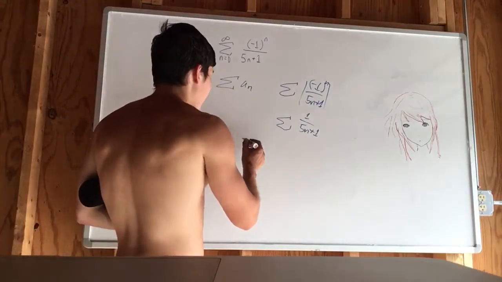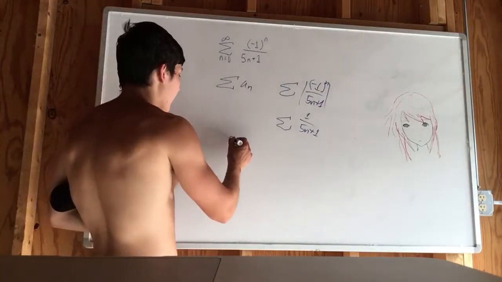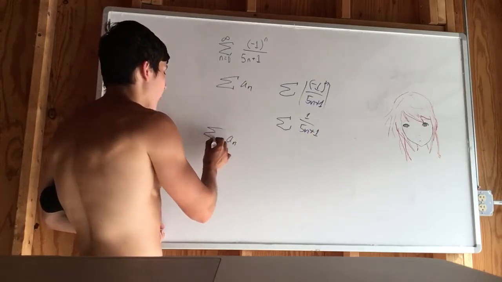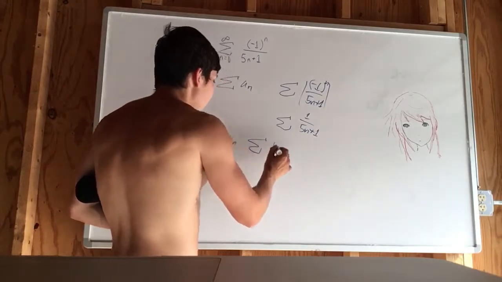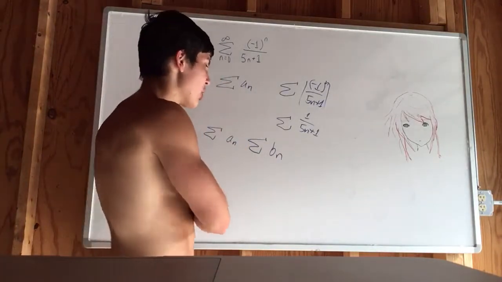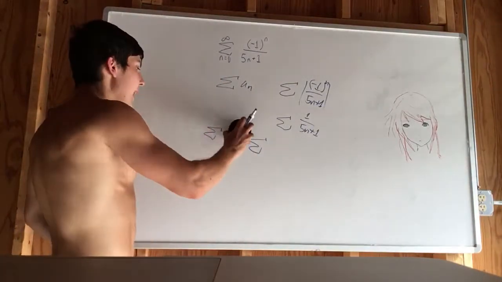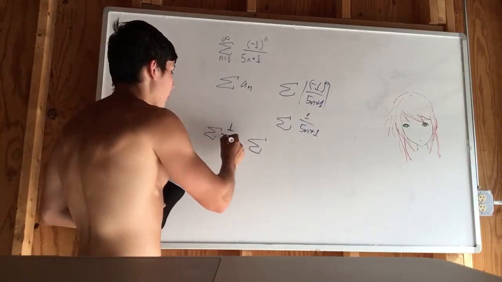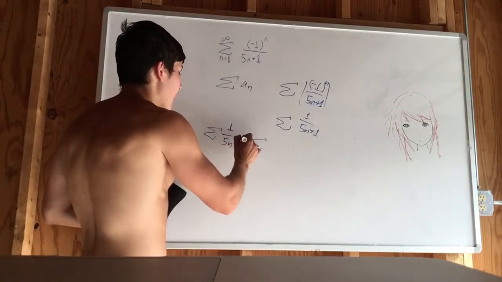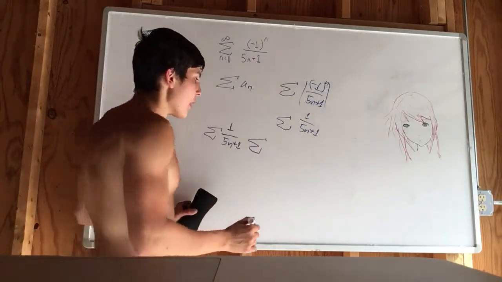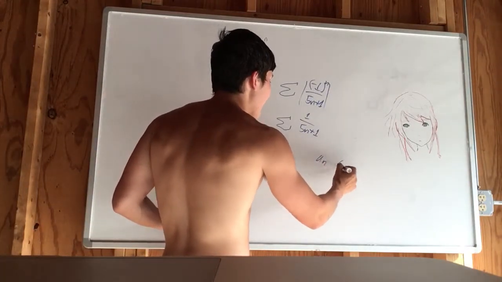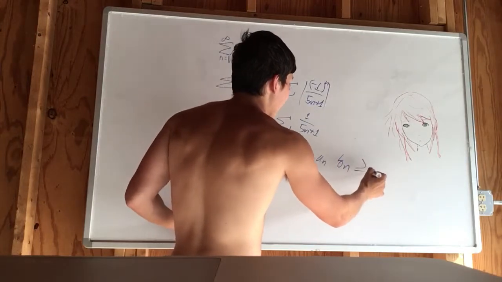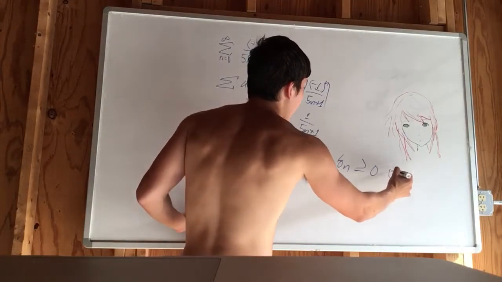With the limit comparison test, we have two series. We have one with a sub n and one with b sub n. The one with b sub n is the one we choose, and a sub n is the one we have, 1 over 5n plus 1. We can do this because a sub n and b sub n are greater than or equal to 0 for all n.